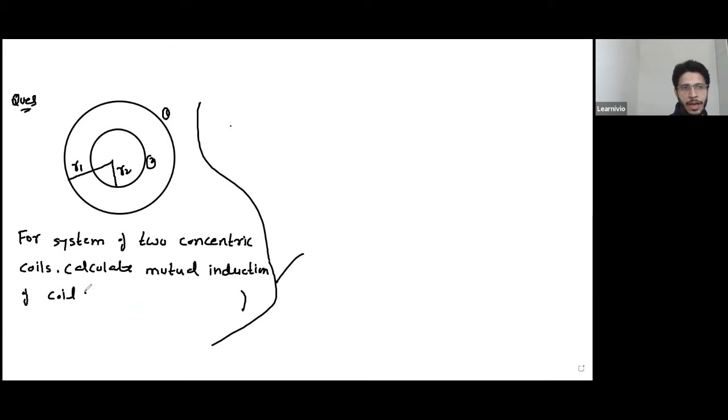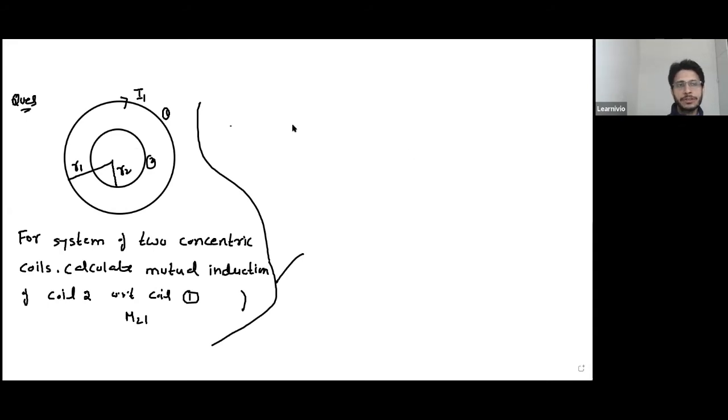If I ask you to calculate mutual induction of coil 2 with respect to coil 1, now tell me, through which coil current will pass? Good, current will pass through coil 1. So current is passing through I1. I1 will generate some magnetic field. Some flux will link with 2.